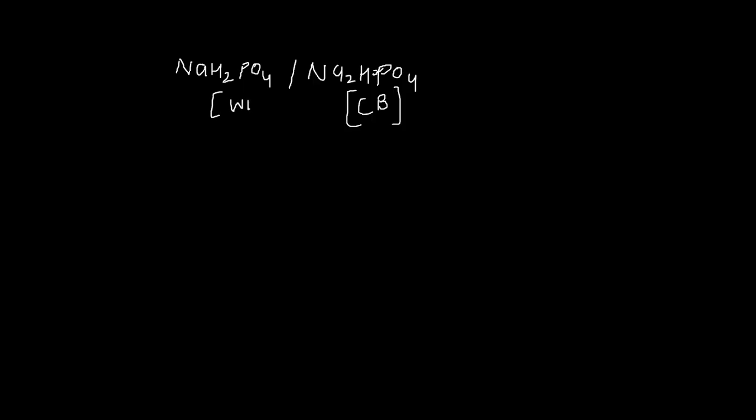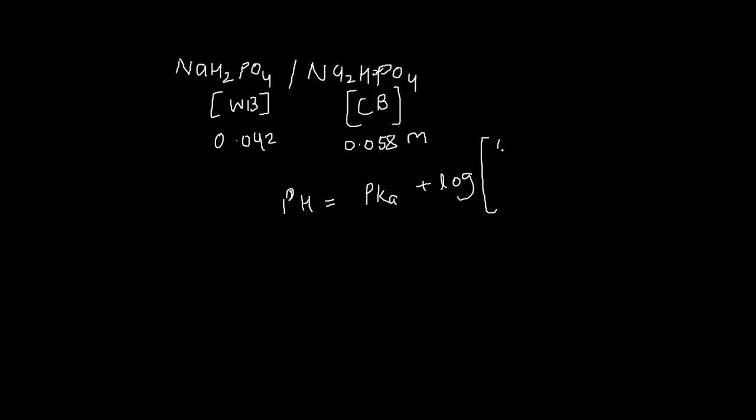As I said, it has one H plus ion more. Let's say this is 0.042 and this is 0.058 moles. Okay, so what will happen if you calculate the pH of this solution, which will be equal to pKa plus log 0.058, which is the conjugate base, divided by 0.042. So if you calculate, the pH will come around 7.